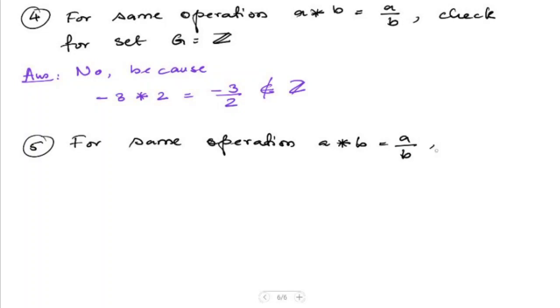Check for set g now equal to rational numbers, right? So here we have to take two elements a and b, and if you divide a by b, is the answer also an element of the rational numbers?